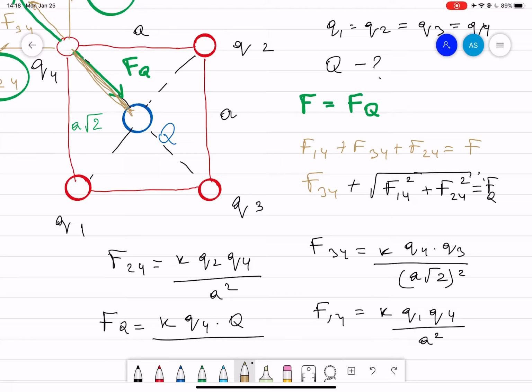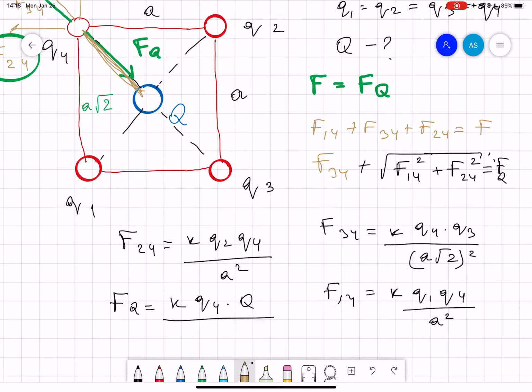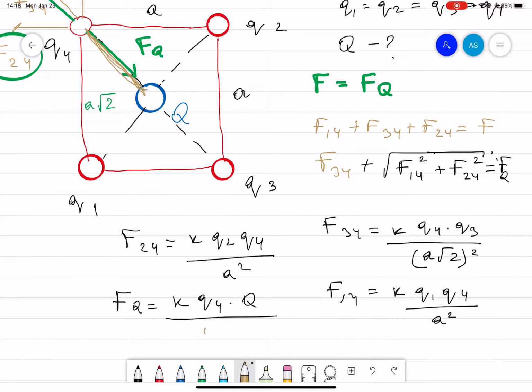How can we find it? It's basically half the diagonal, A square root of 2 divided by 2, squared. Now if you plug everything back in, you should be able to find Q. I think that's it.